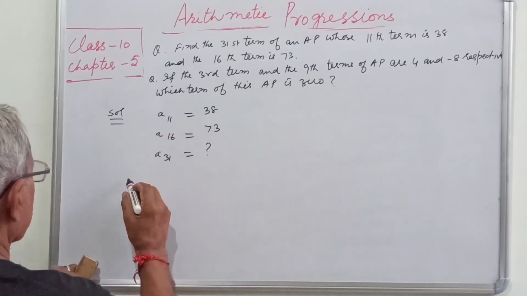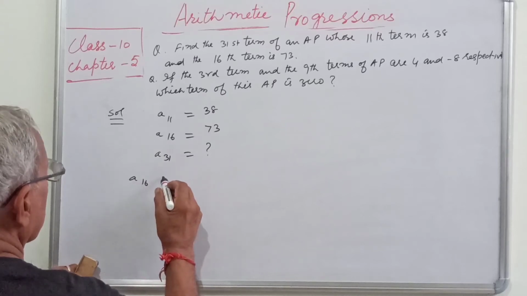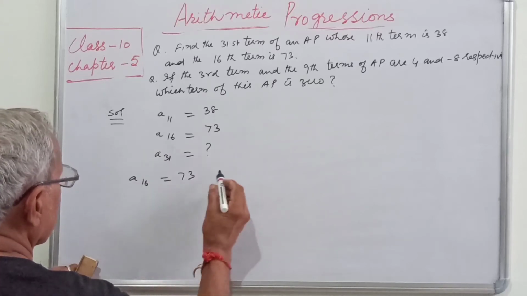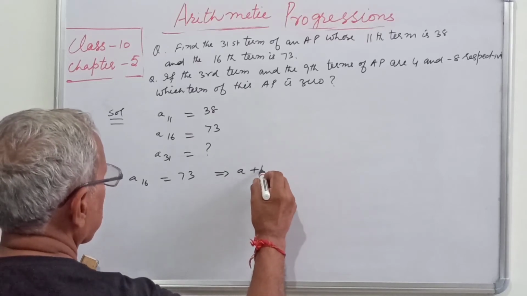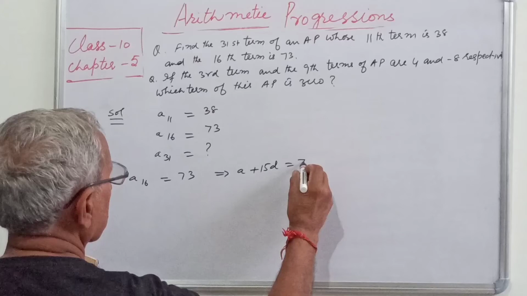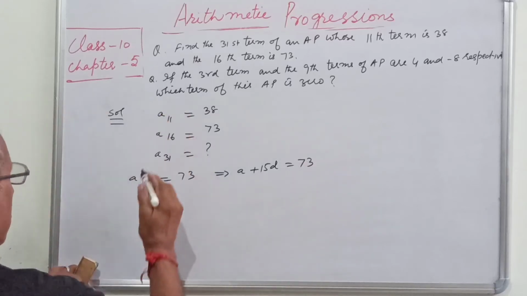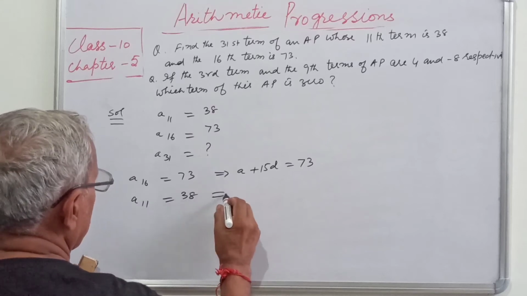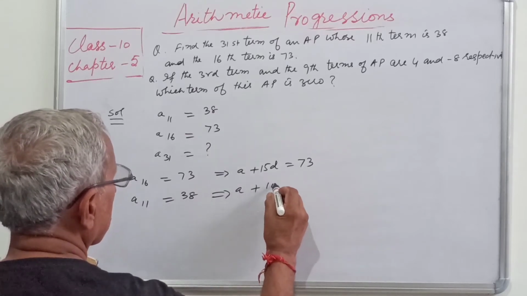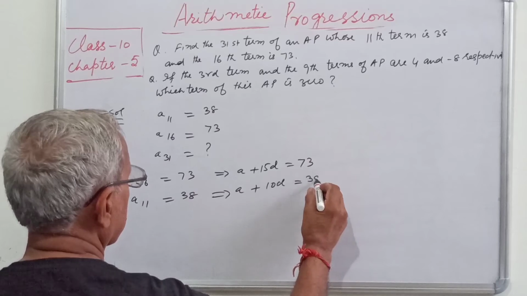Since A16 is 73, the equation becomes A plus 15D is equal to 73. A11 is 38, so A plus 10D is 38.